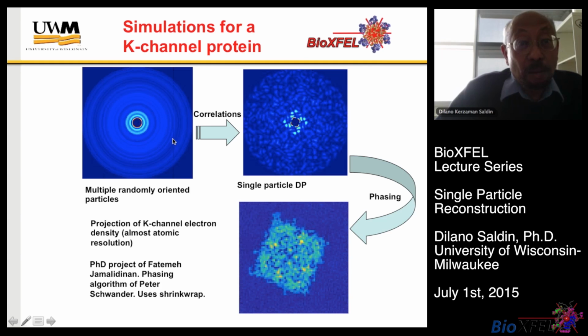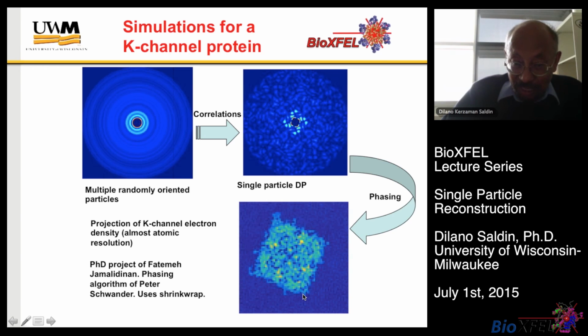Now, by calculating the angular correlations of these and subtracting the mean, we obtained some angular dependence here, which led directly, eventually, to the diffraction pattern of a single particle, which looks like this. And then once you reconstruct a single particle diffraction pattern from this multi-particle one, you can apply a phasing algorithm and obtain this picture here.